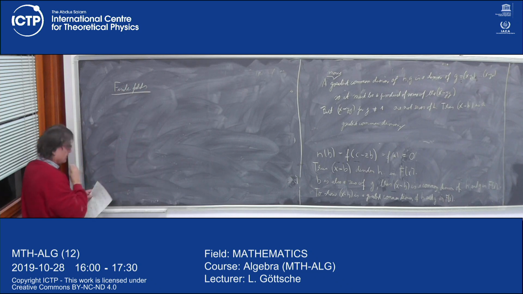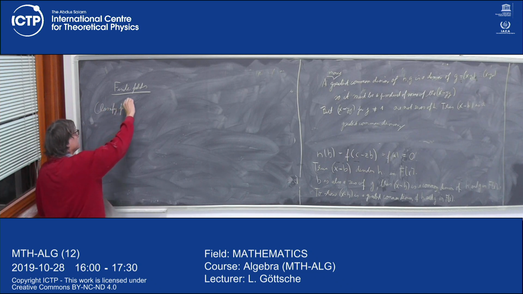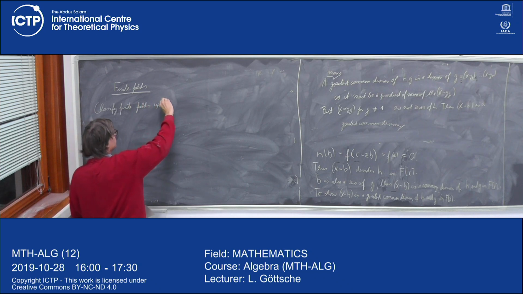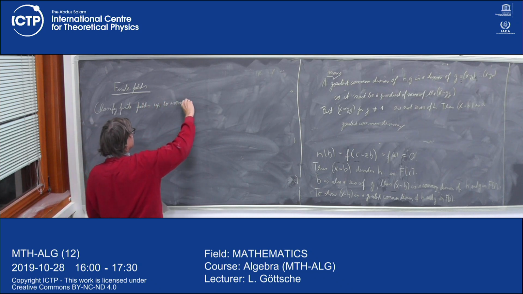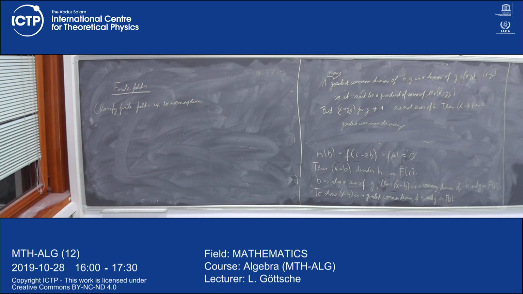So we want to classify finite fields up to isomorphism. Obviously, if the field is finite, it must have characteristic a prime number, because if the characteristic is 0, then you have the whole of the integers contained in the field, and 1, 2, 3, and so on are all different, so these are already infinite.